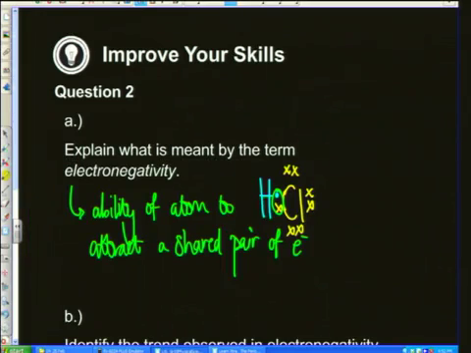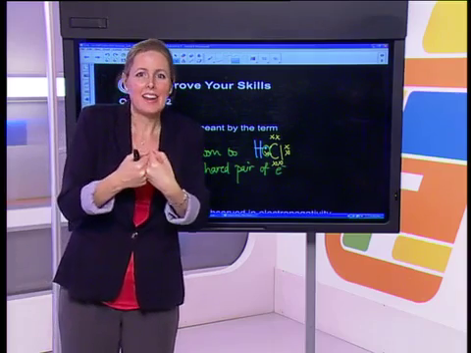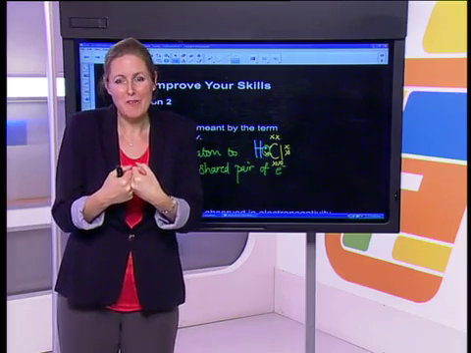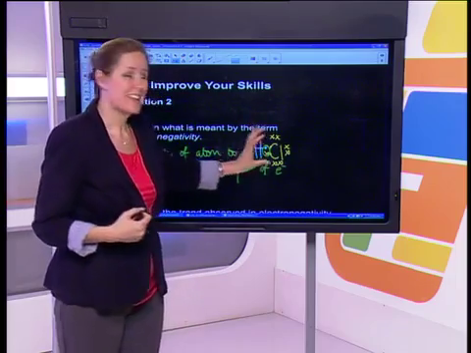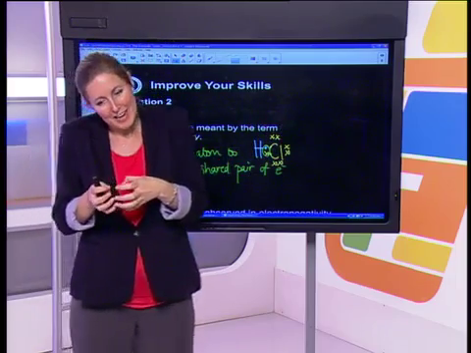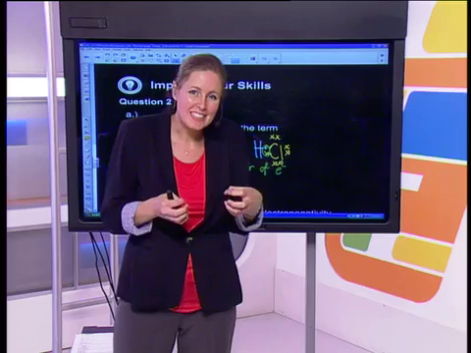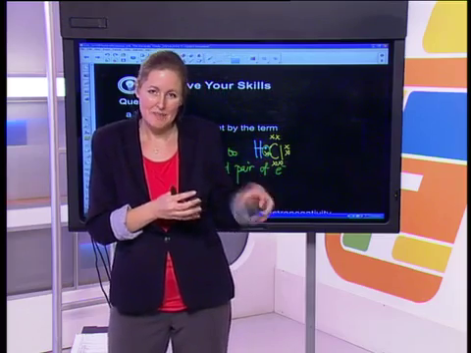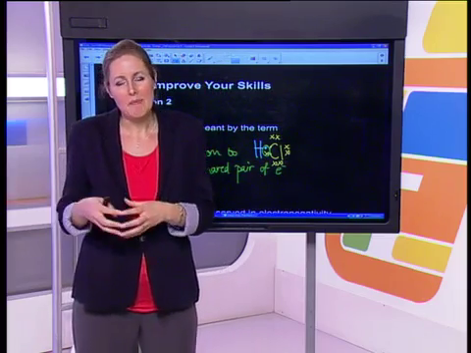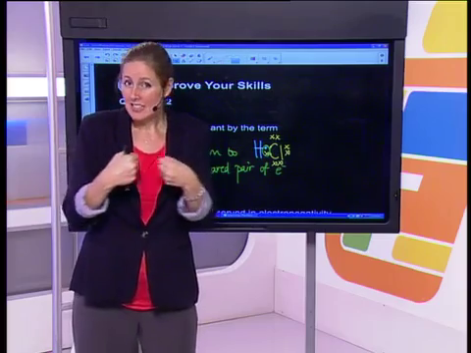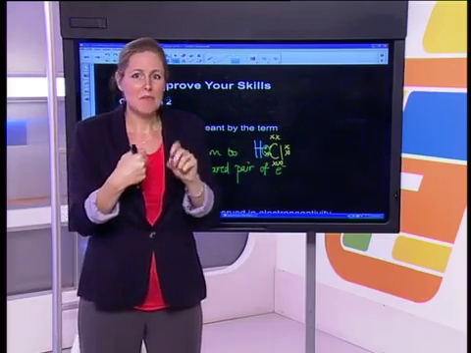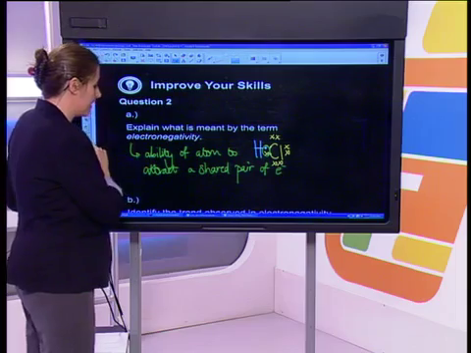Well, not quite wins, but who's kind of getting the bigger share of the pair of electrons. In this case, chlorine is. So the electrons are going to be tugged slightly closer to the chlorine side as opposed to the hydrogen side. But remember, it's a tug of war. They're both getting some, but not an equal share.